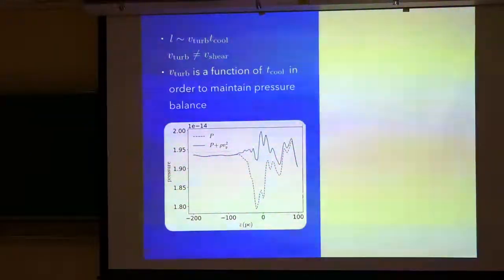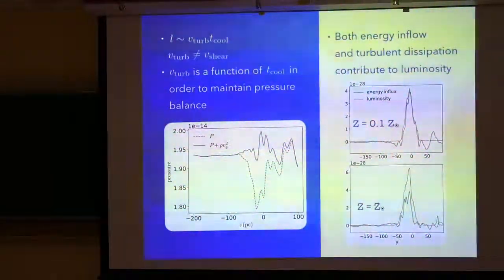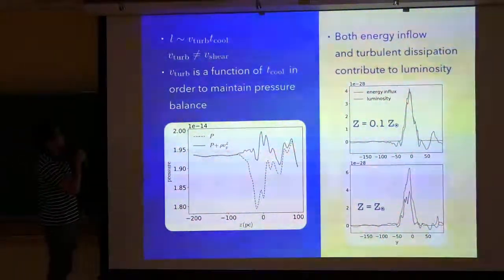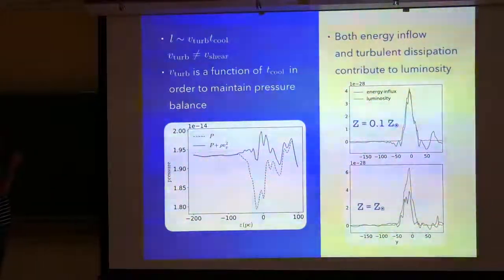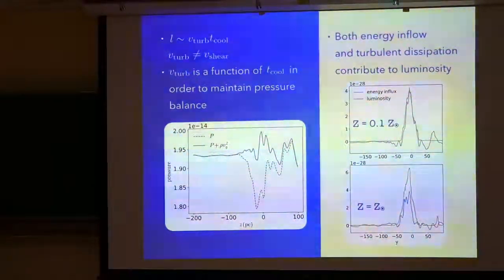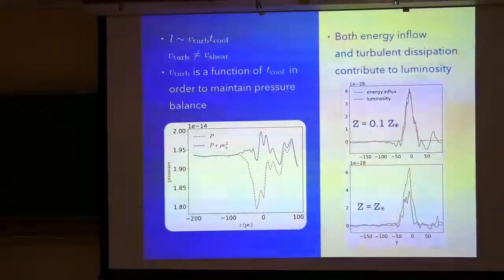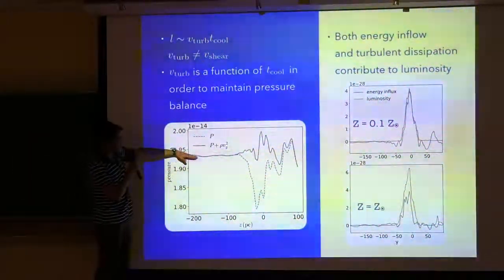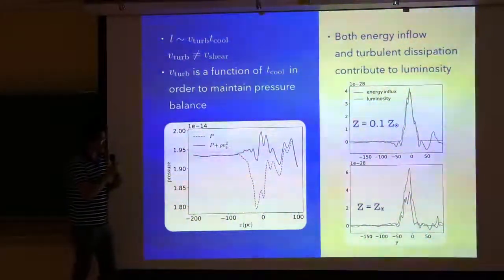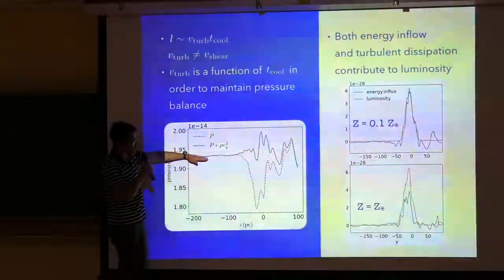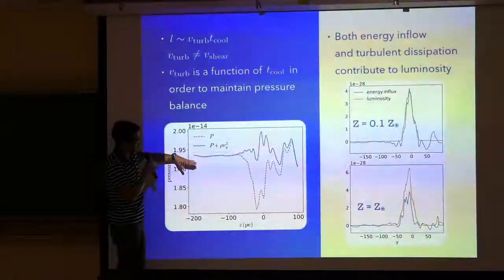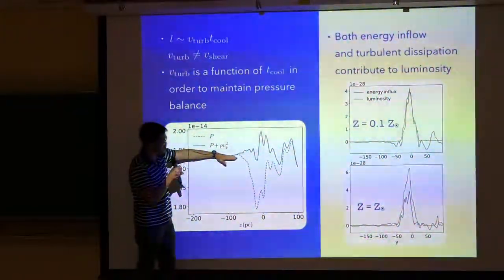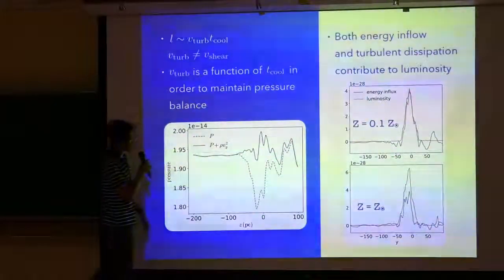And it turns out that if you analyze the simulations, the characteristic velocity is certainly not the shear velocity. It's about an order of magnitude smaller at least, and it's a function of cooling. And it looks like cooling is extremely important in generating the turbulence. One simple way of thinking about it is that what we see is that the total pressure, the sum of the thermal and turbulent pressure, is actually continuous across the mixing layer.